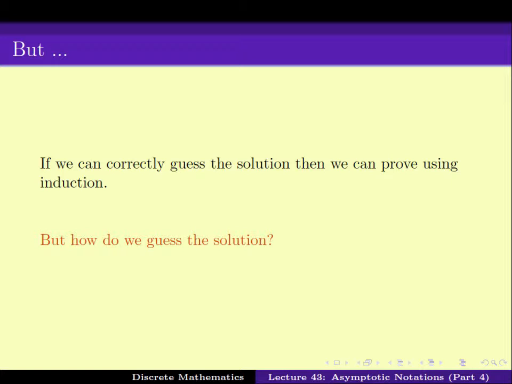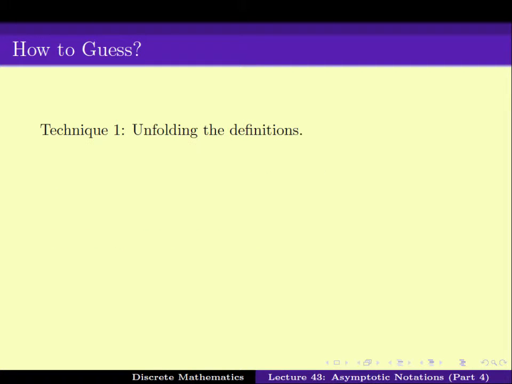Now, again, there are some techniques of guessing the solution. The first technique that we looked at was unfolding the definition. Namely, you keep on just unfolding the expression. For example, if T(n) equals 2 plus T(n-1), you write T(n-1) as 2 plus T(n-2), and in that case you get T(n) equals 4 plus T(n-2), and so on.